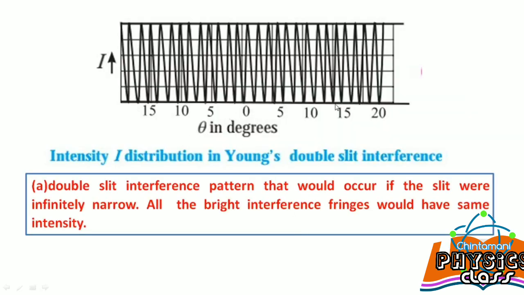Another part is the graphical representation of the intensity I distribution in Young's double slit interference.